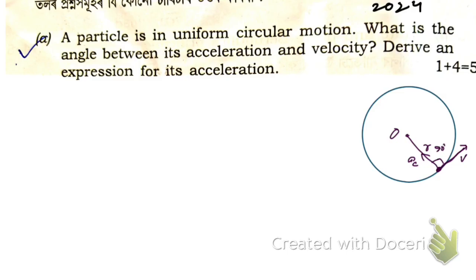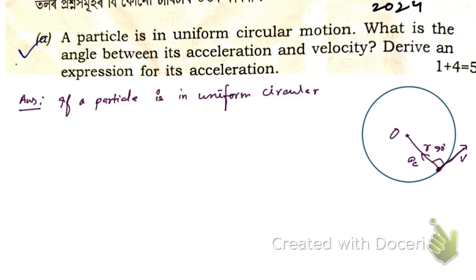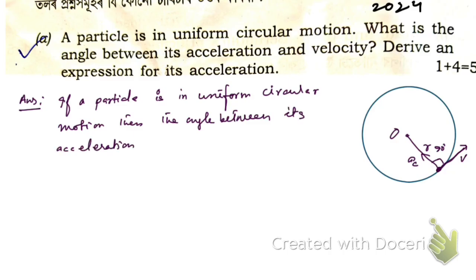Okay, so here the answer is, if a particle is in uniform circular motion, then the angle between its acceleration and velocity is 90 degree, right?